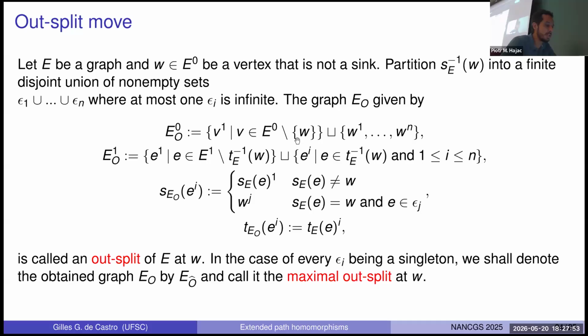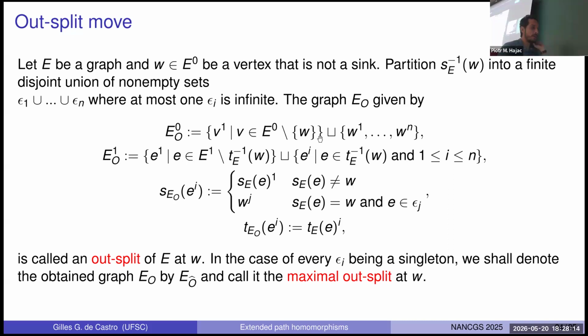Okay, so for edges that leave this w, we do nothing. But for edges arriving at this w, we need to copy them as many times as we have elements in the partition.